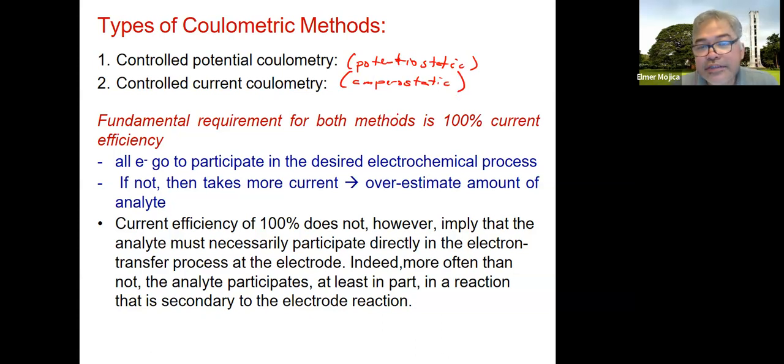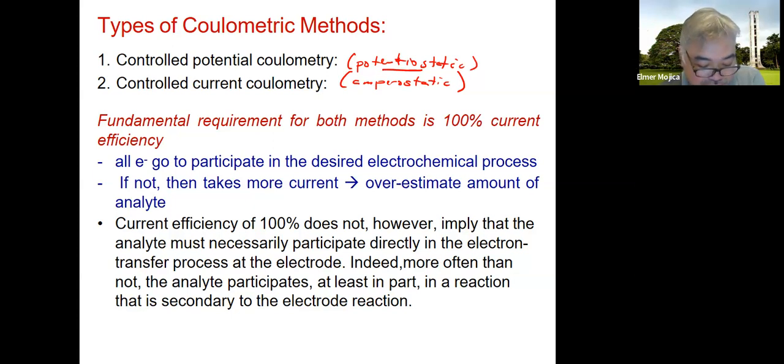So we could say in the potentiostatic, the potential of the working electrode, or the electrode at which the analytical reaction occurs, is maintained at a constant level, such that the quantitative oxidation or reduction of the analyte occurs without involvement of less reactive species in the sample or solvent. That's why potentiostatic: stationary potential, or the potential is just the same.